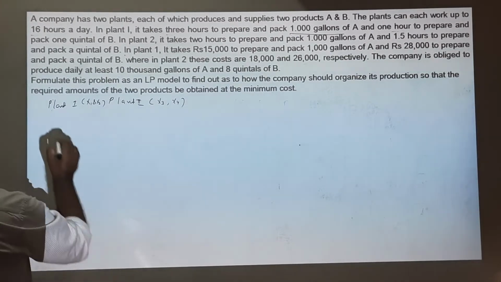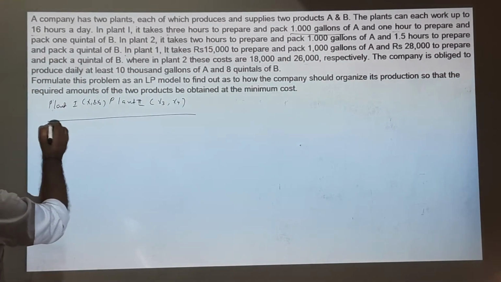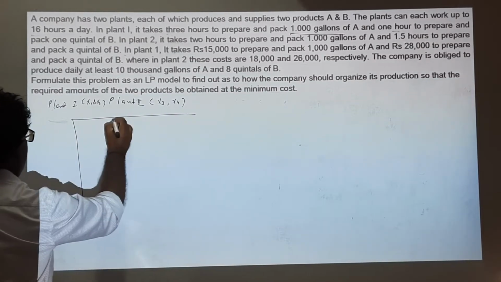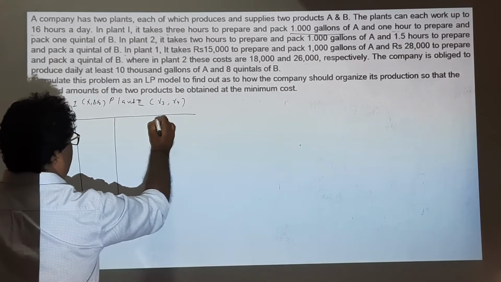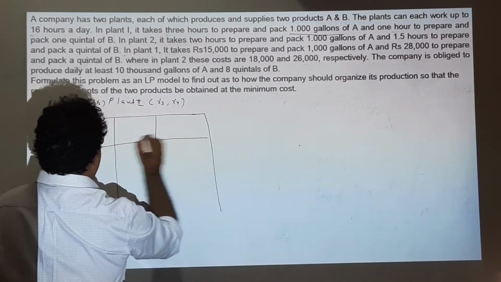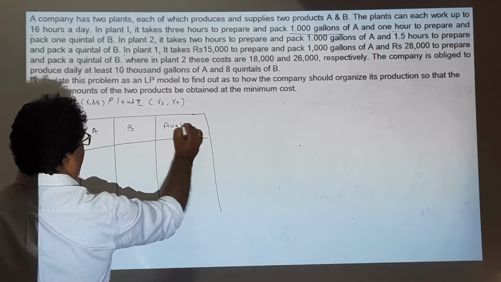Now we will just make the table. This is A, this is B, and this is available.